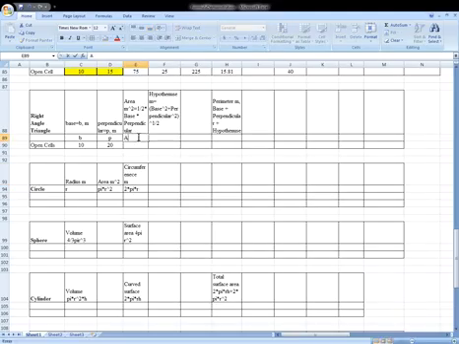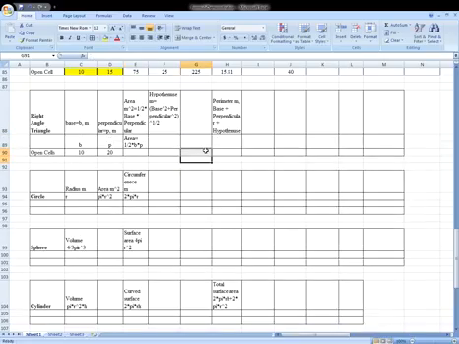So area equals 1 over 2 into base into perpendicular, B into P.